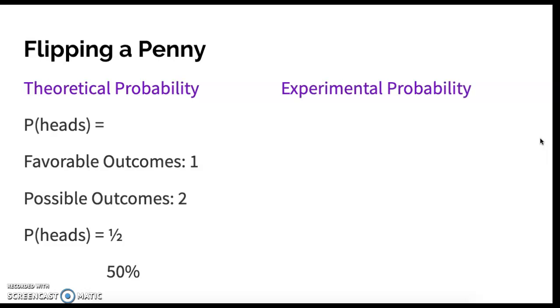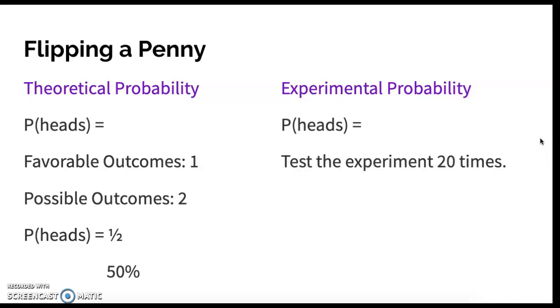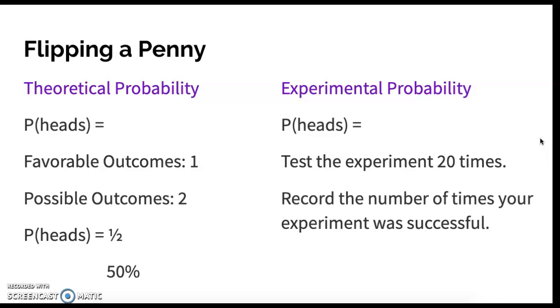Now we want to try the experimental probability. So we are actually going to conduct an experiment. We still want to know the probability of flipping heads on the coin. You are going to test the experiment 20 times, meaning you're going to flip the coin 20 times. Record the number of times your experiment was successful.